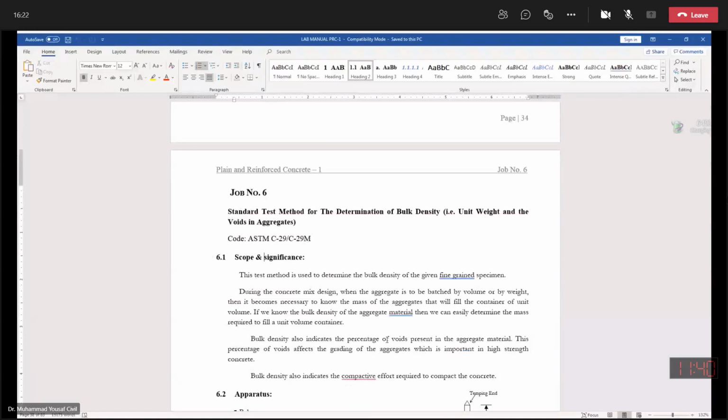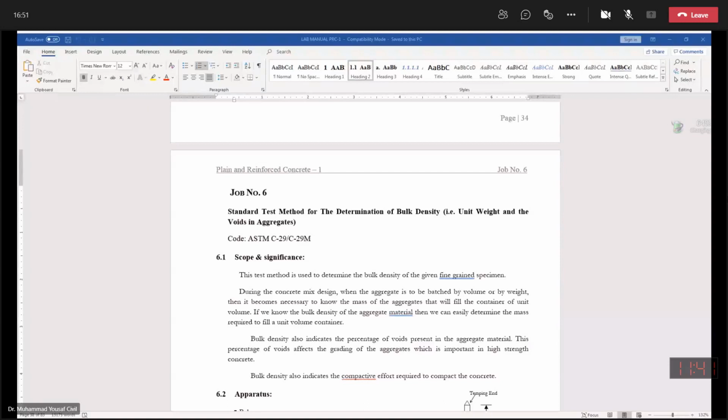From this information you can also judge poorly graded, well graded, and uniformly graded material. All this information can be assessed after conducting this job.